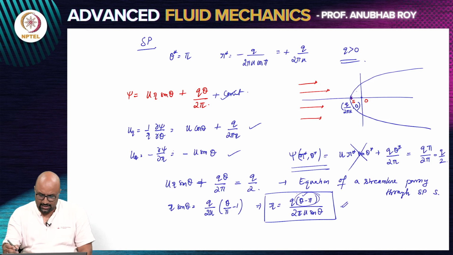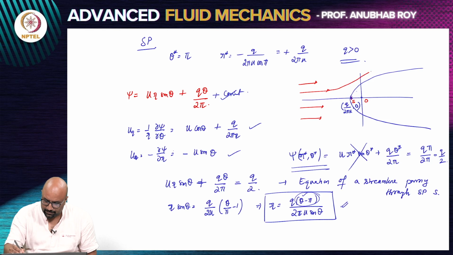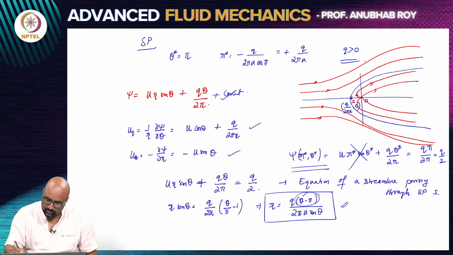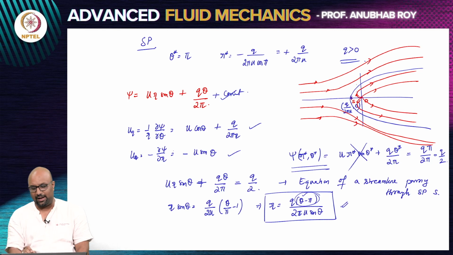But in any case, you now have the shape where you can draw the streamlines, where the streamlines are going to look like this, and on the inside you will have streamlines where the source flow is basically getting deflected.